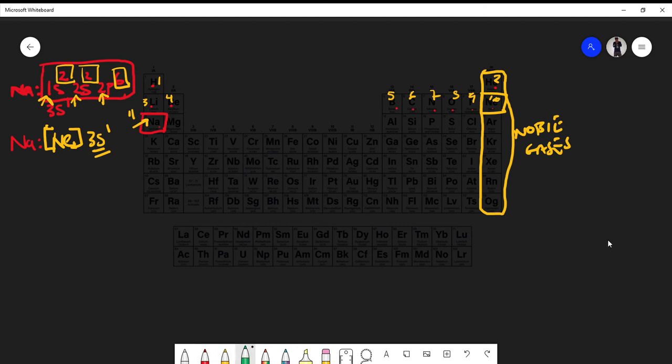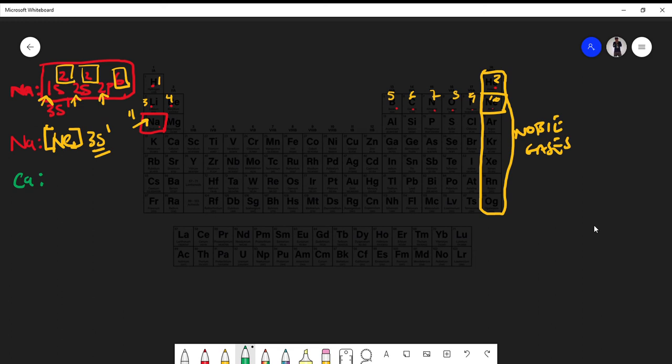So let's try a couple more. Let's say we want to do calcium. How would you do calcium? Well, I'm going to quickly write out the long-handed formula, and then we're going to compare the short-handed formula, which is really what we're talking about.